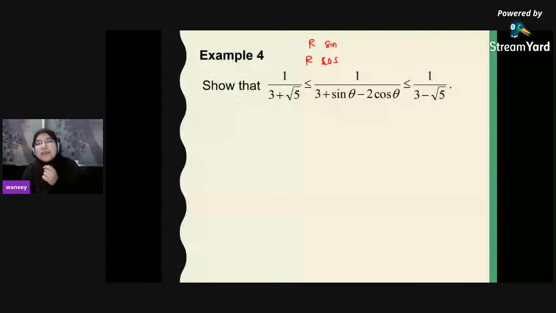Okay, so think for a while. What is the R cos or R sin that you want to use? I'll give you around 2 minutes to think a little bit. Which one do you want to change into R sin or R cos? And if you change it into R cos, what will be the value of R, and what will be the value of alpha?